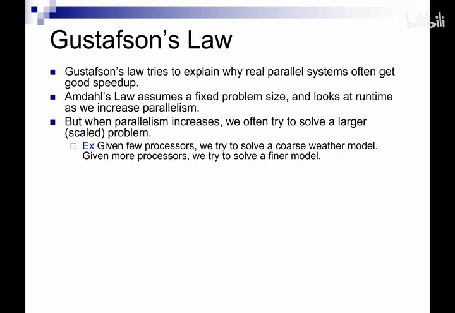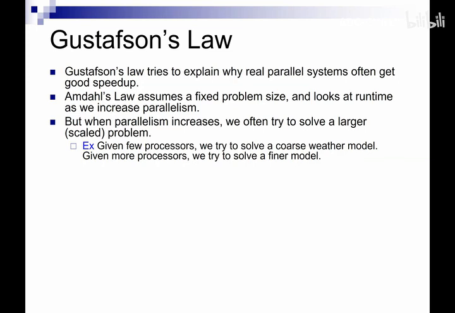You're not going to try a very complex simulation. However, as I give you more processors, you want to make good use of them, and you can do that by solving a more detailed simulation. So you make the simulation more complicated, so you're actually increasing the problem size.